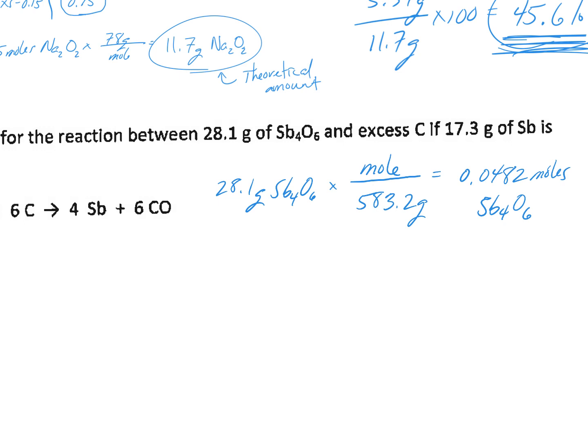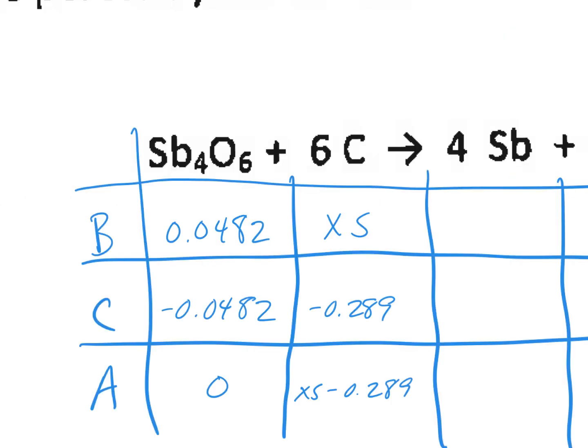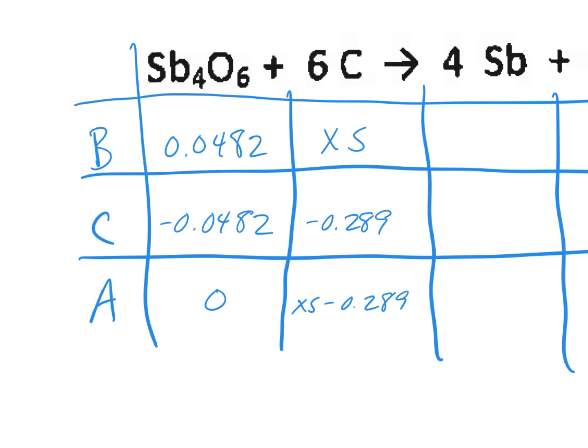And the product that we care about here is just antimony. So we're going to get antimony out of this. Okay, so of course we're going to use up all of the antimony oxide because we have excess carbon. And I did not have to do any calculating for the carbon at all, but I threw it in here just so that you could see, if you were curious, how much carbon would we actually use?